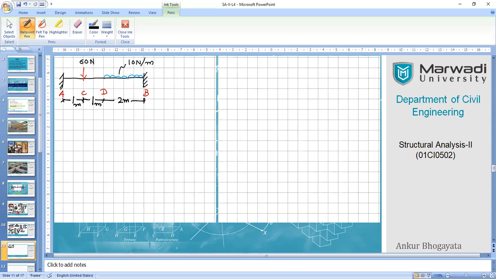So when you have a force nearer to the support and it is larger than the other force, definitely the fixed end moment will also not be similar to the other end. So we cannot expect this sort of diagram of the fixed end moments in this case. I hope you are getting my point, right? So this cannot be the case here.